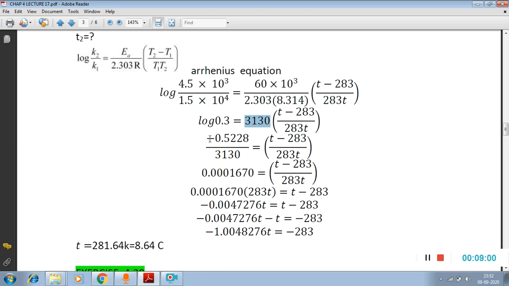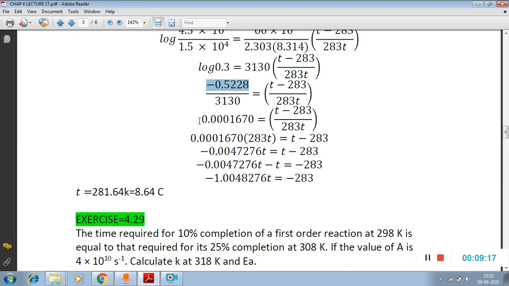Now simplify that equation, log 0.3, that is minus 0.5228 divided by 3130 is equal to T minus 283 divided by 283 T. Now this value will be 0.0001670 is equal to T minus 283 divided by 283 T. Now this 283 T is in division here, so change side, it will be in multiplication.